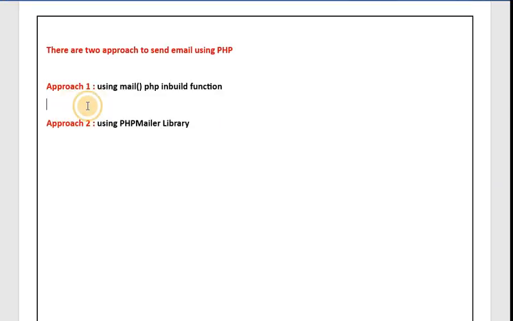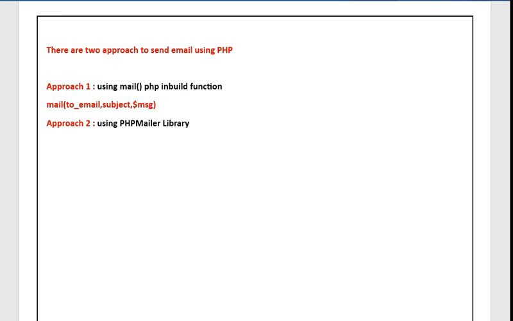As I said, there are two approaches to send mail using PHP. One is by using the PHP inbuilt function, that is the mail function. PHP provides the mail function and it takes three arguments. The first argument is the to email ID, the second argument is the subject, whatever the subject of the mail is, and the third argument will be the message.